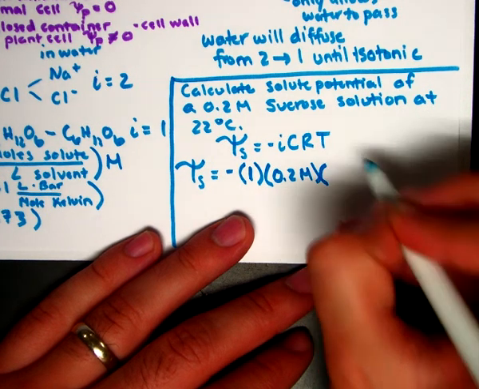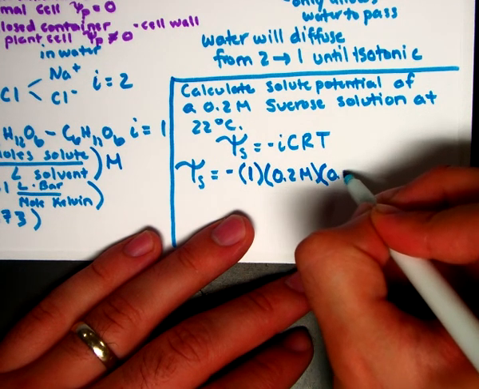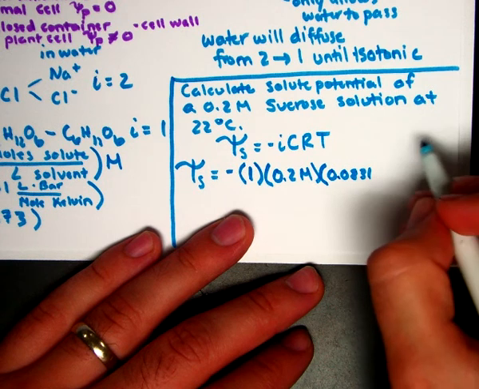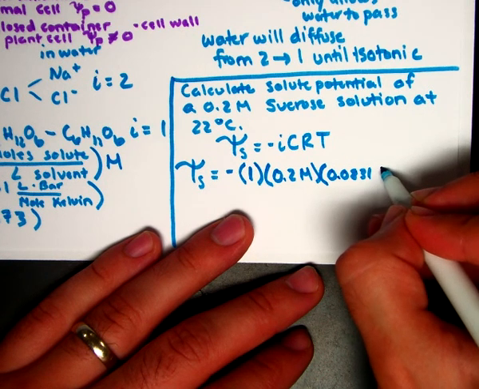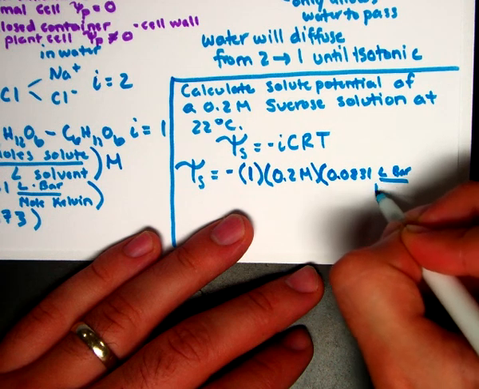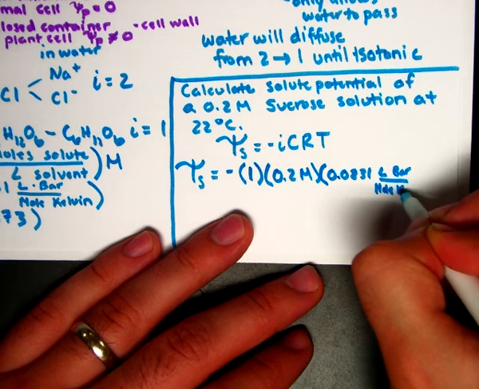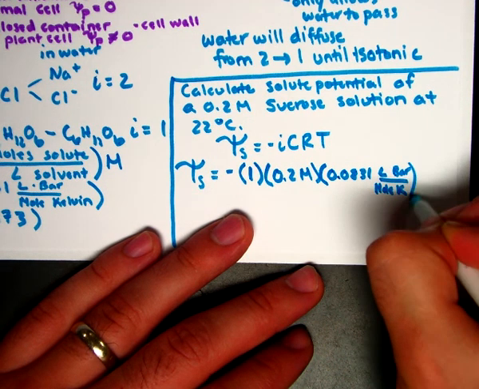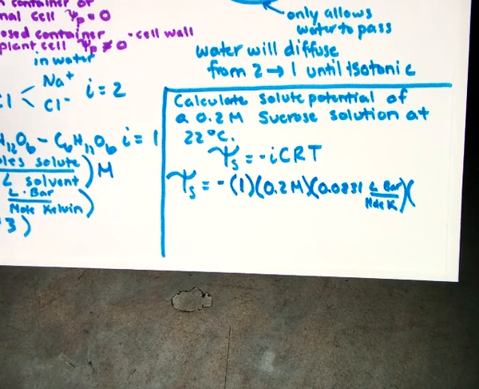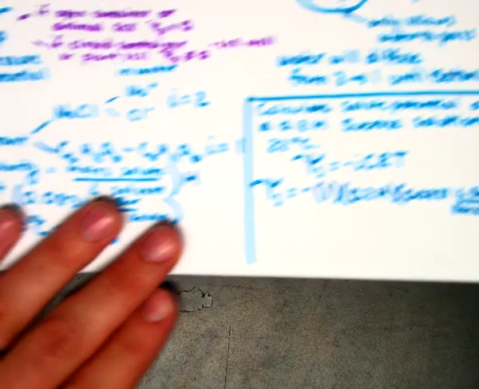We have our pressure constant. Okay. And then what is our temperature? Tyler, what'd you get for your temperature? 295, right? So 22 plus 273 is 295 Kelvin.